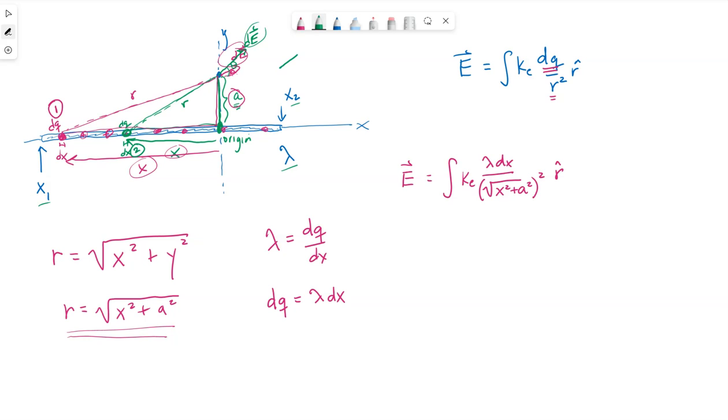So if I was just to draw one of them, a little bit bigger to see better, dE represents the magnitude, which is what we have written down here right now. But it has an x component and a y component.